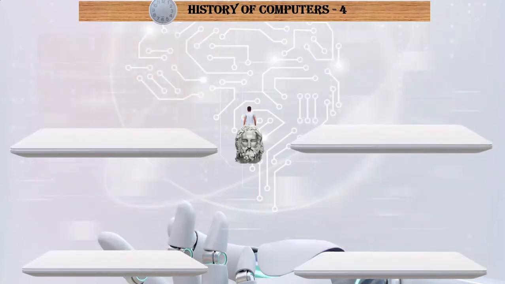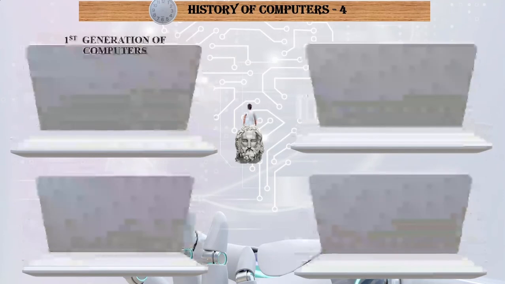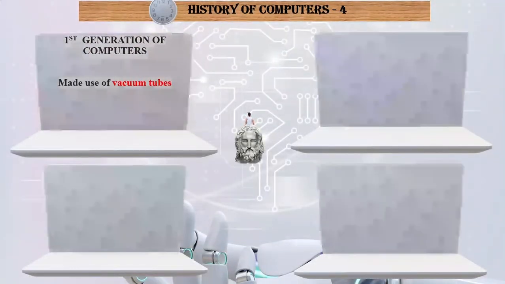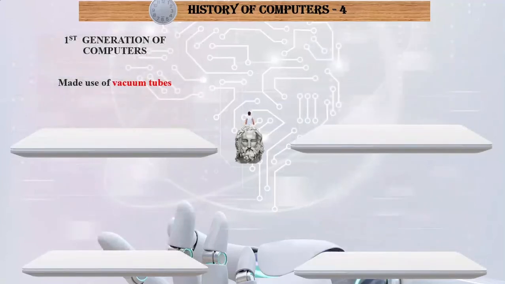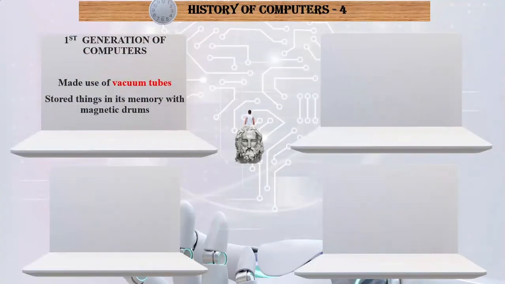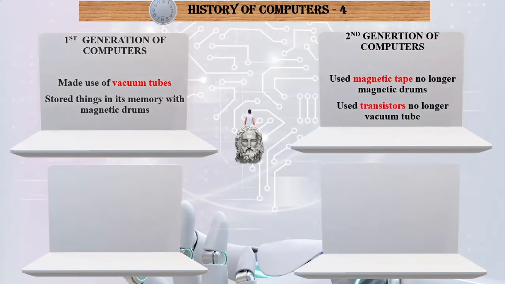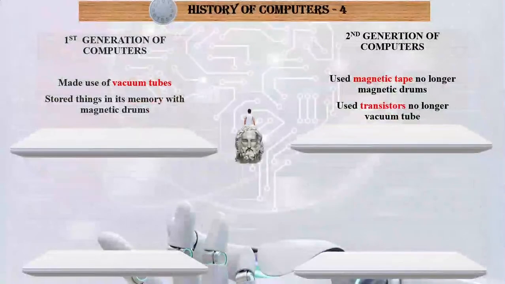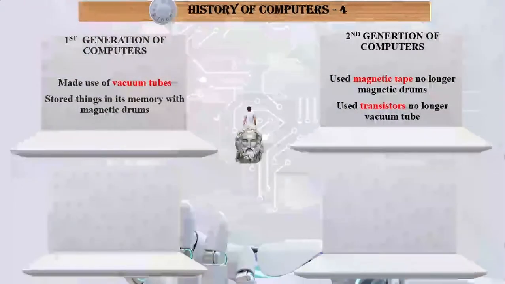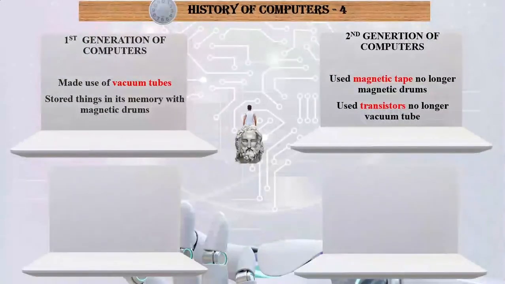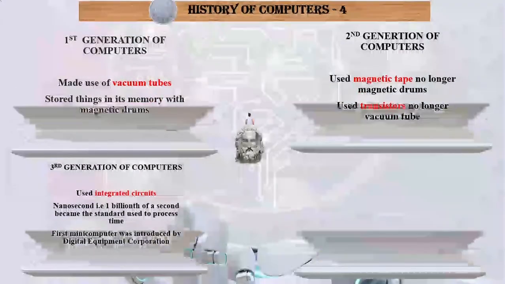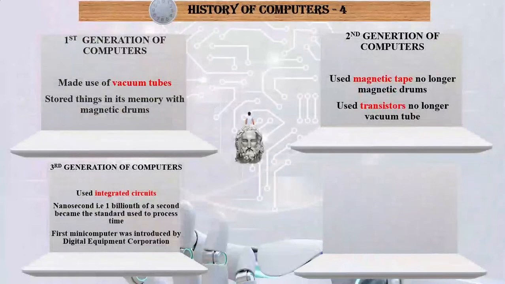The first generation of computers used vacuum tubes for power, and it stored things in its memory with magnetic drums. The second generation of computers used magnetic tapes, not magnetic drums, for storage, and transistors for power, not the vacuum tube. After that, we saw the 3rd generation of computers, which brought about integrated circuits.